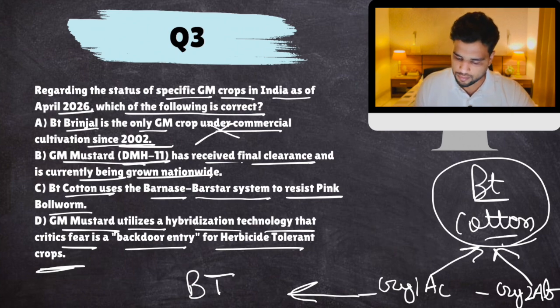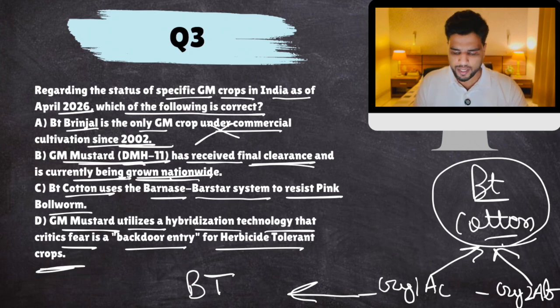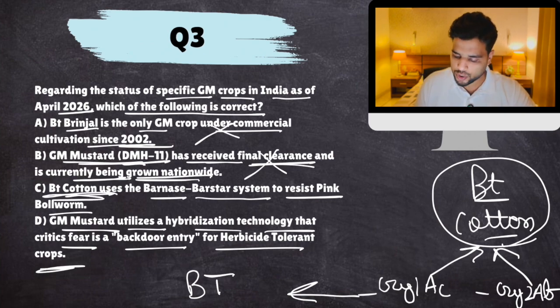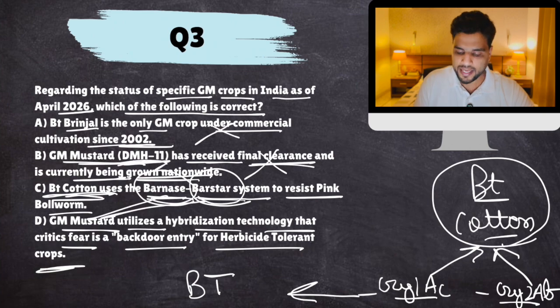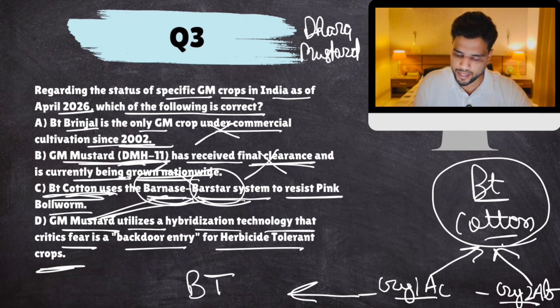Now, GM mustard has received final clearance and is currently being grown nationwide. No. GM mustard was created, but it has not been cleared and it is not being grown. Now, BT cotton uses CRY1AC, CRY2AB genes, not Barnase-Barstar. Barnase and Barstar genes are in GM mustard, DMH11, Dhara mustard hybrid.